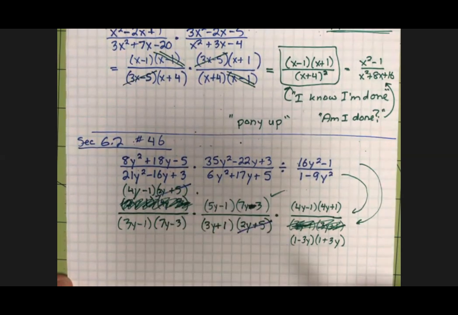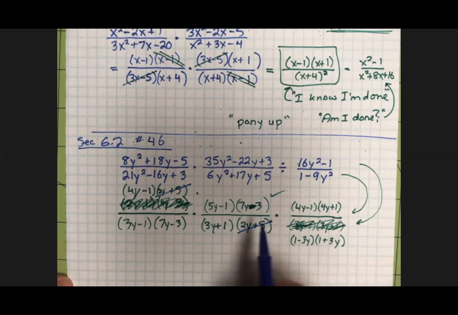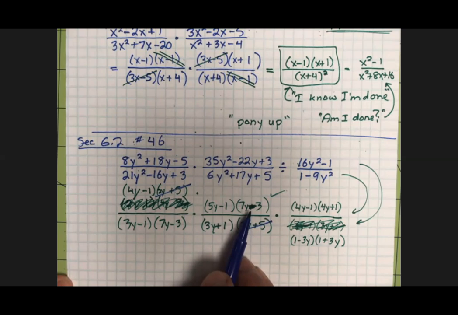There's one thing that canceled. Wow, there's not a lot of canceling here. Anybody see anything else? That was a minus sign. 7y minus 3. Yeah, that was a minus sign because I scribbled out my plus sign.